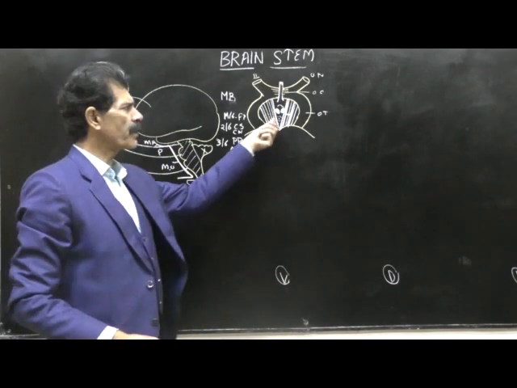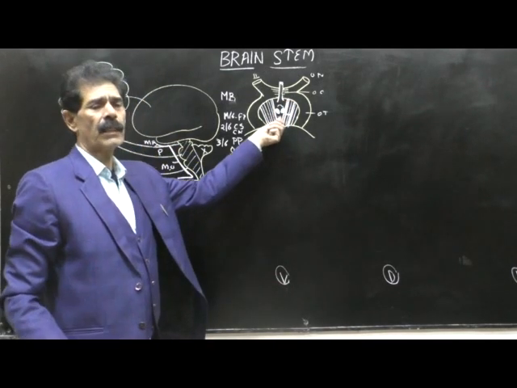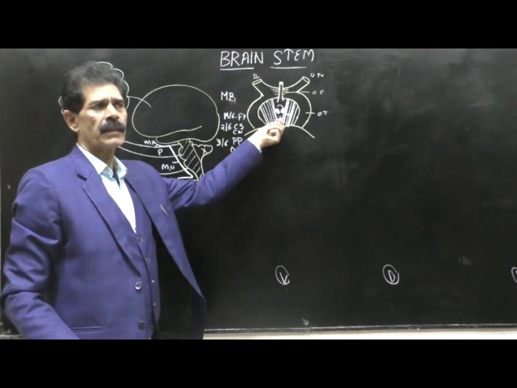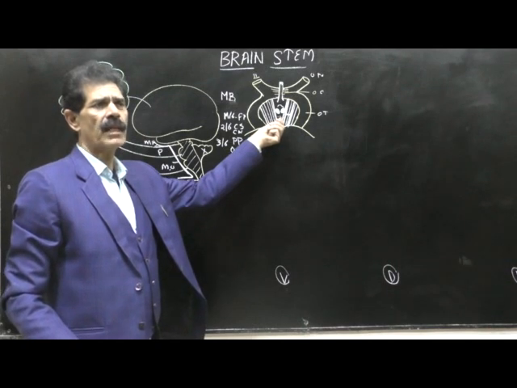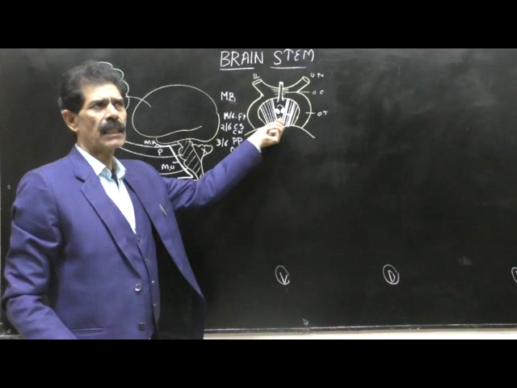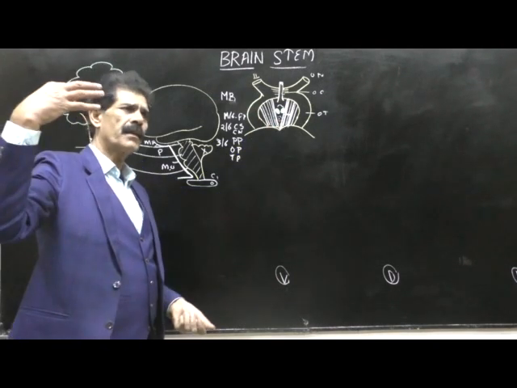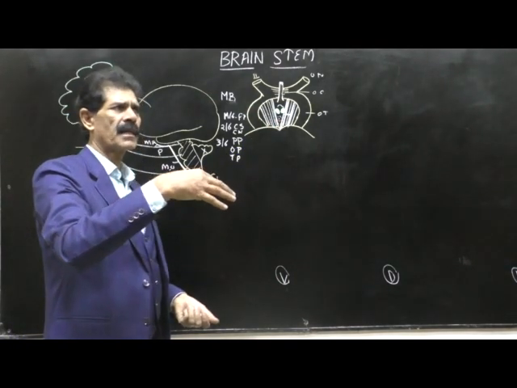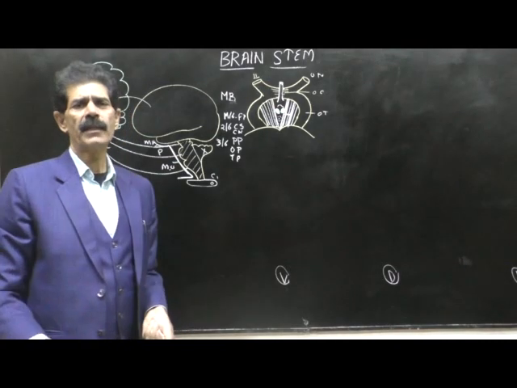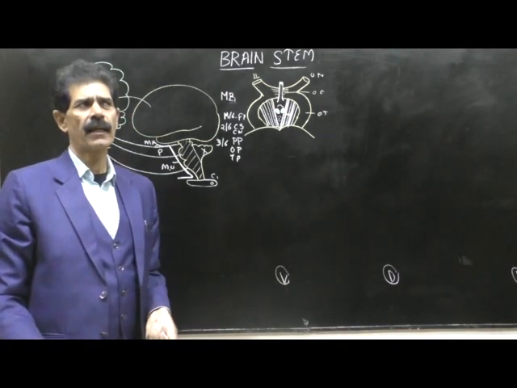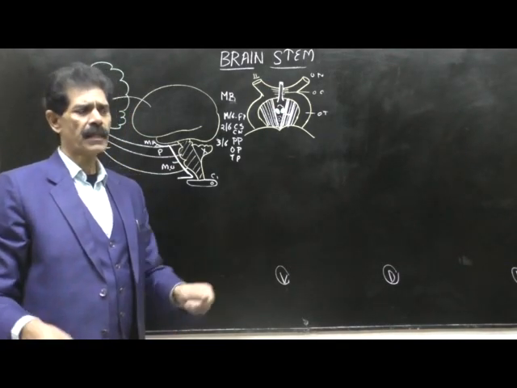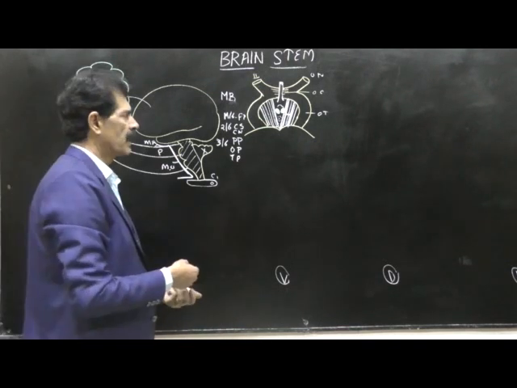The posterior perforated substance is made for the central branches of the circle of Willis. Through this area, the central branches perforate the substance and go deep to supply the deeper structures like the basal ganglia and other parts lying deep inside the cerebrum.